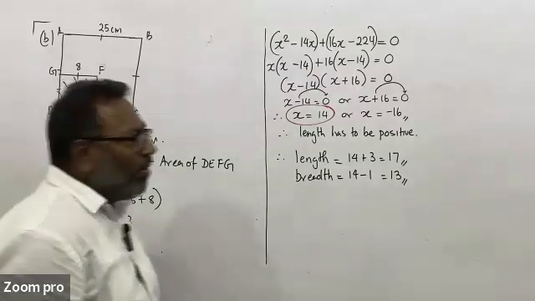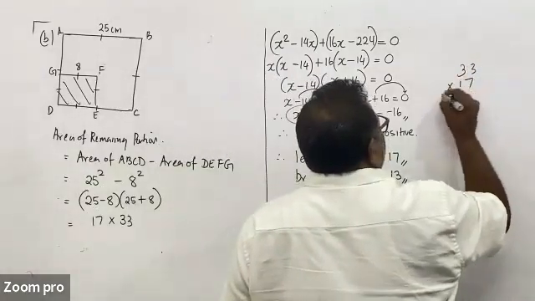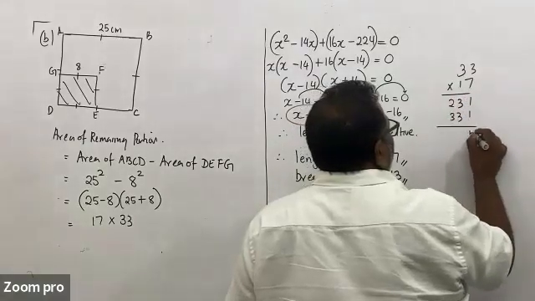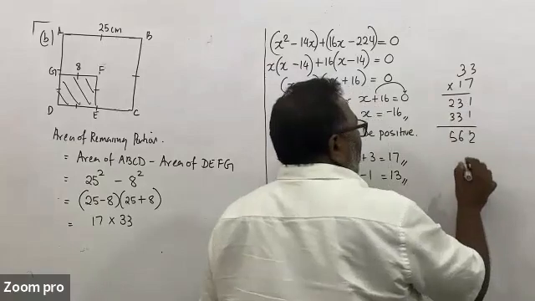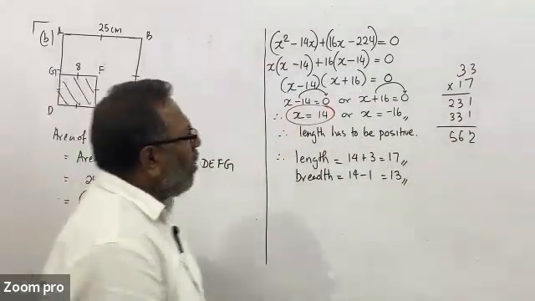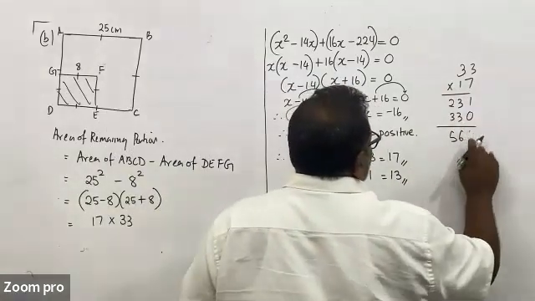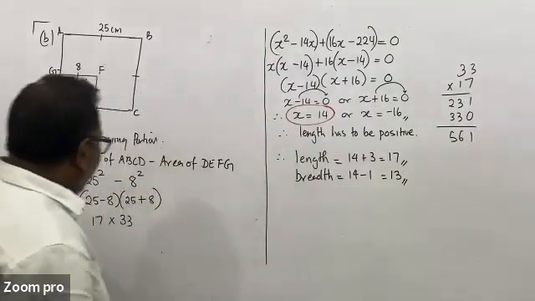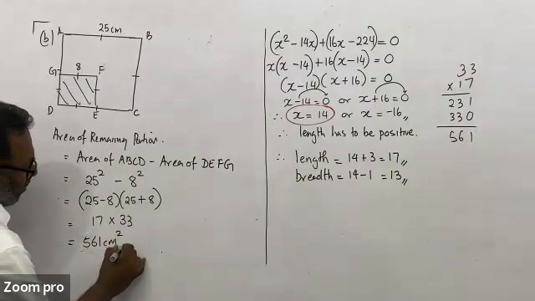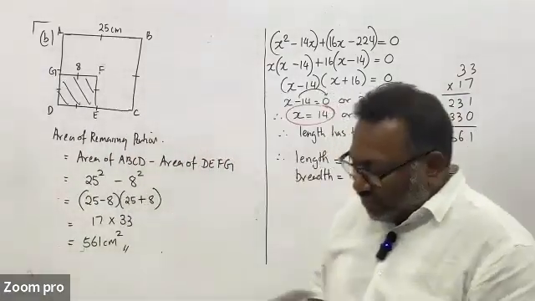So multiply 17 multiplied by 33. 561 centimeters squared. That should be your final answer of question number 5.